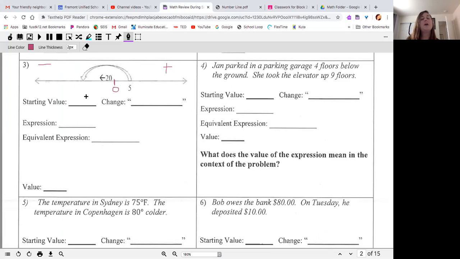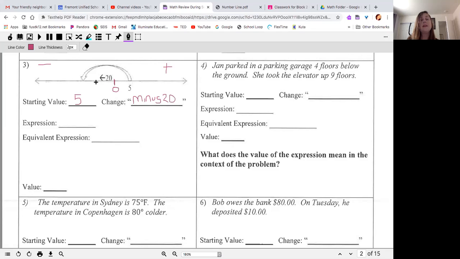My starting value is this number here at the bottom. Okay, if you forgot, 5. That's where we always put our start. Our change is what we are doing to the problem. Well, there's 20, and which way is that arrow pointing to? The minus side. Okay, so I will write minus 20.